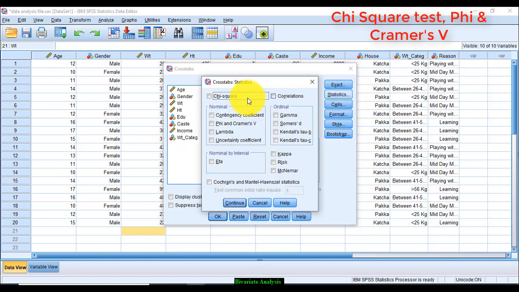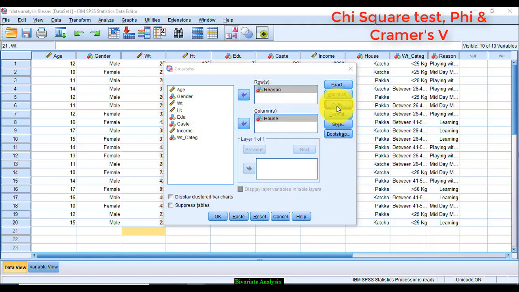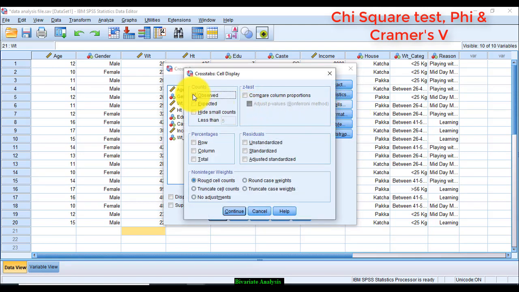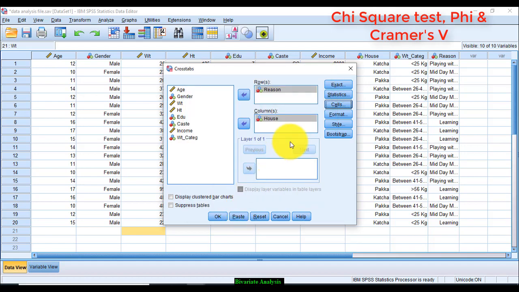Click on Statistics, chi-square, and phi and Cramer's V. Click Continue. Go to Cells, Observed, and Percentage. In the percentage box, click on column percentage. Click Continue and click OK.